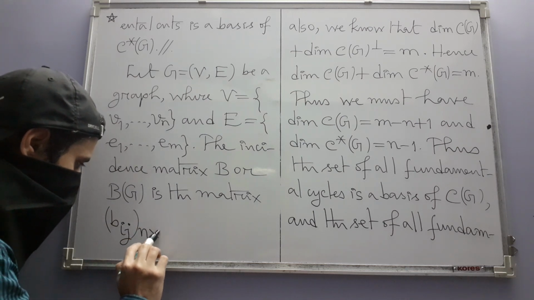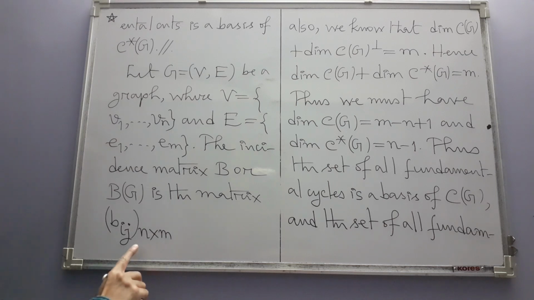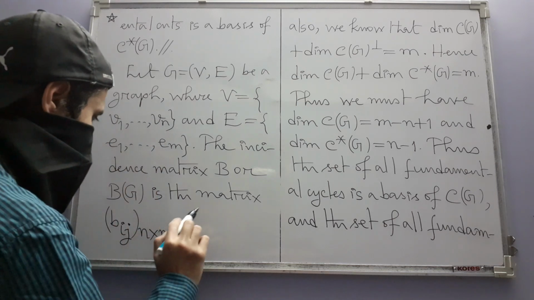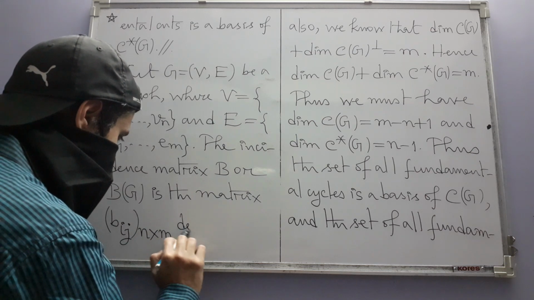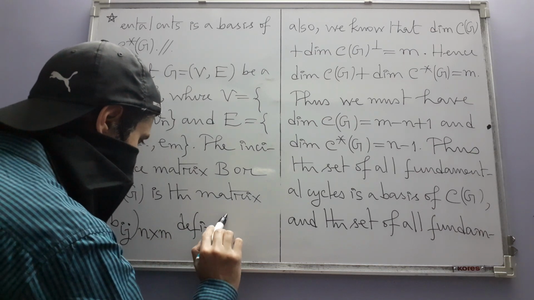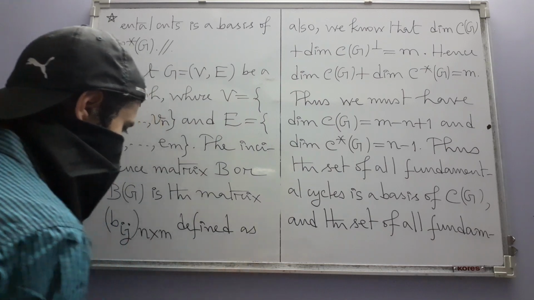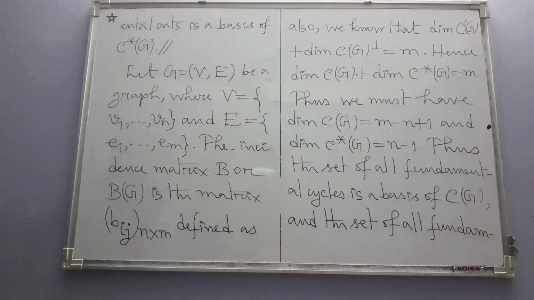It's an n by m matrix, where n is the number of vertices and m is the number of edges. Defined as this. Now we need to say what Bij's are.